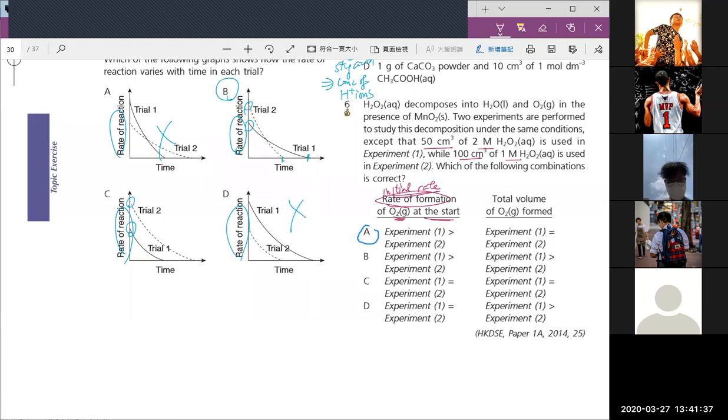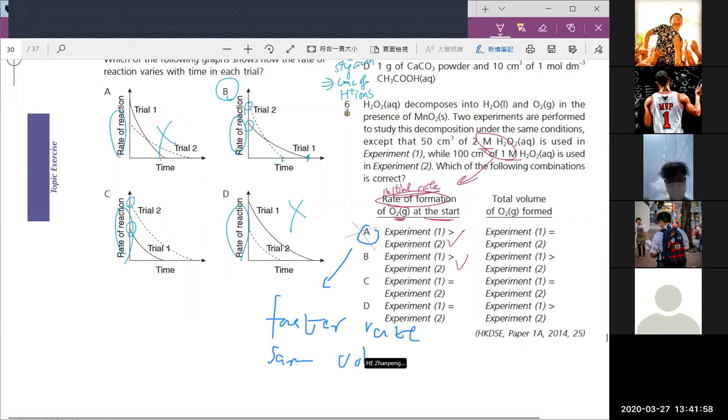It is the concentration of H2O2. Can you see that? This is the item to be considered, but not the volume. Just compare which one has a higher concentration, and that one would have a greater rate. Okay. So this is correct.